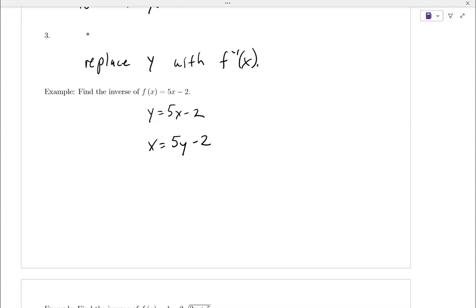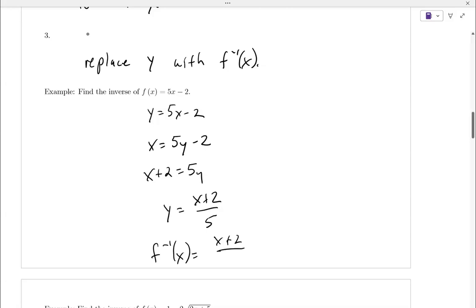And now solve for y. What do we need to do to solve for y? Yeah, add the 2 and then divide by 5. So that is our inverse function. Now that's the last step, is rewrite it as f inverse of x equals x plus 2 over 5.